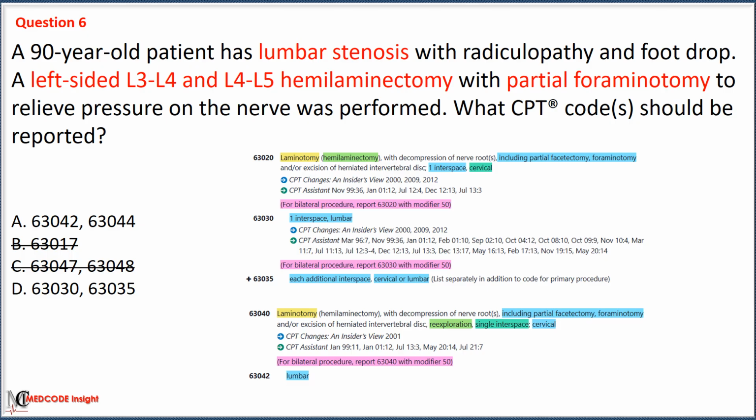This procedure is used in a patient who previously underwent surgery and later developed recurrent symptoms. However, in this scenario, no such history is mentioned. Therefore, the correct option is option D with code 63030 and add-on code 63035 used for laminotomy procedure performed on two lumbar interspaces.